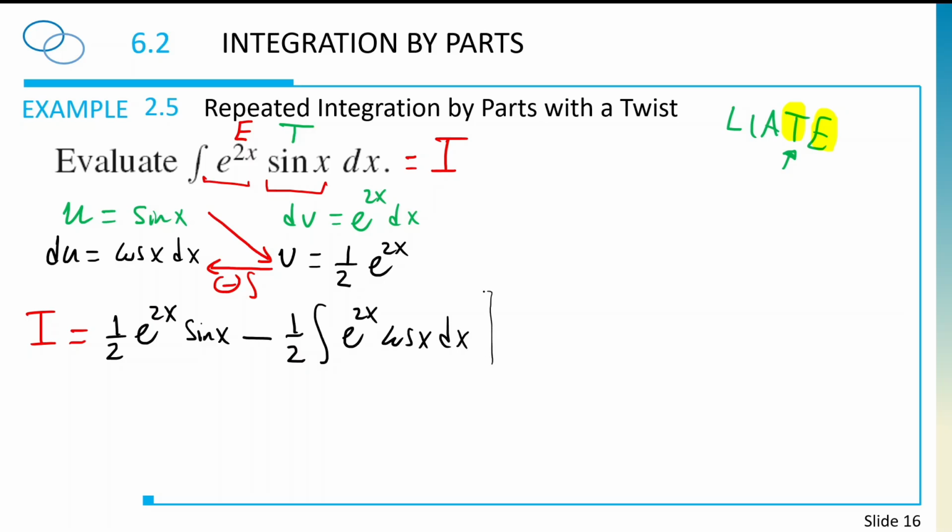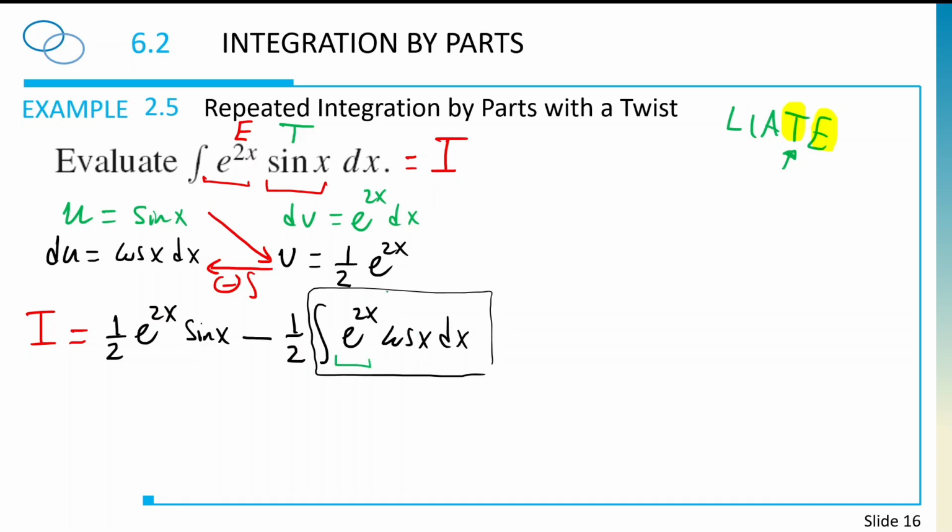Now this integration, if you look at this integration, this again looks like the original one, same difficulty level, still exponential, still trig function. Now, what do I need to use? Just for the assumption, if you did use LIATE at the first part, use LIATE here also. So for this one, let's do the integration by parts.